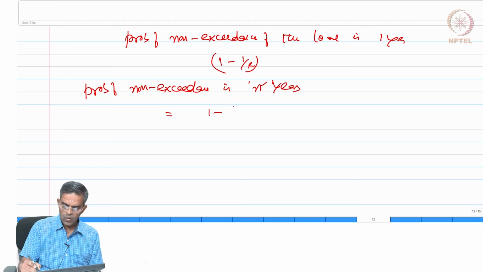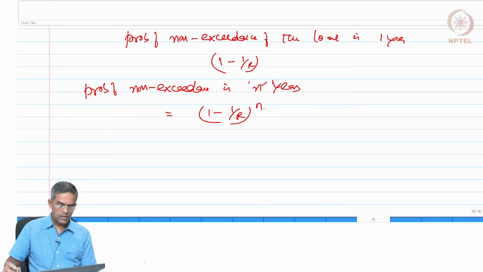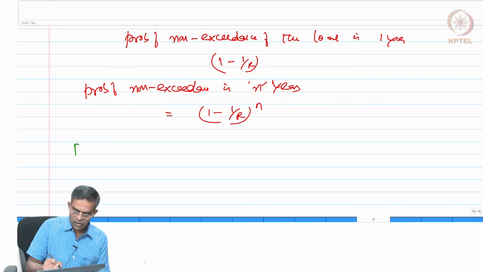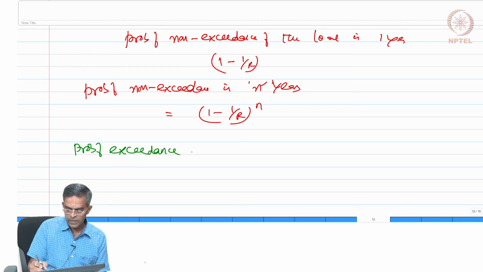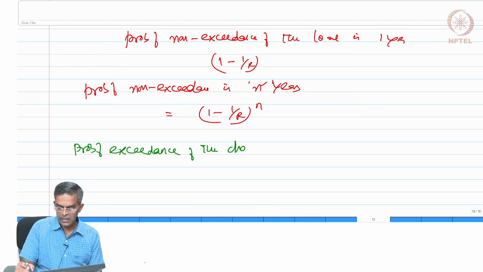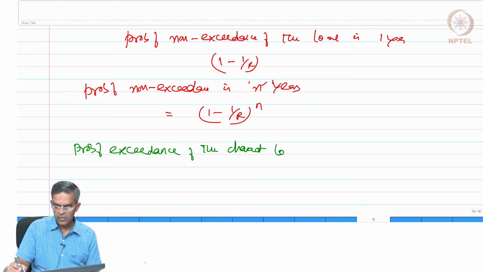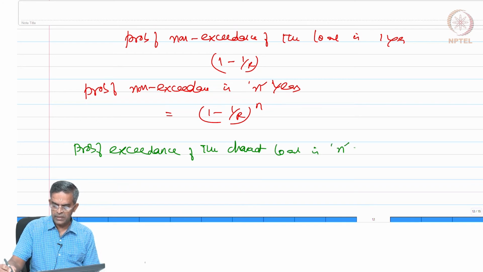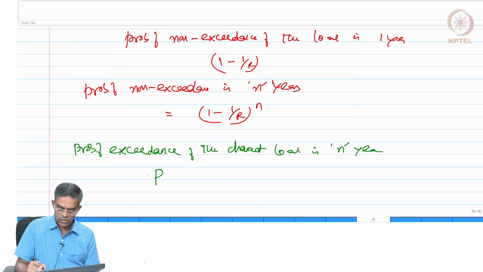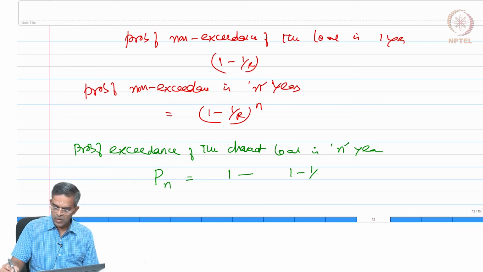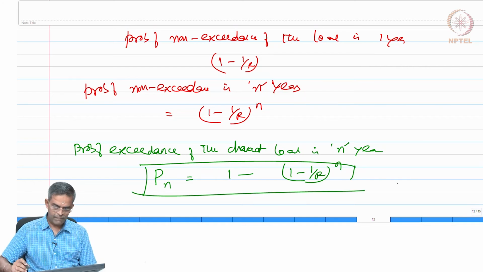It will be (1 minus 1 by R) to the power n. Now, we are looking for the probability of exceedance of the characteristic load in n years. So, I should say probability of exceedance in n years is 1 minus (1 minus 1 by R) to the power n, right.